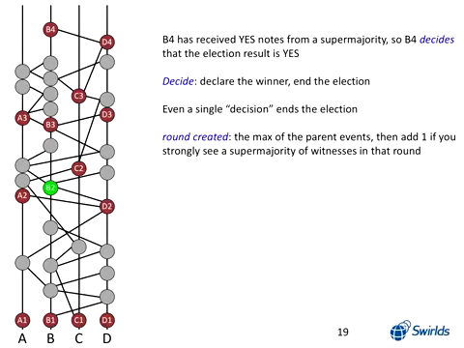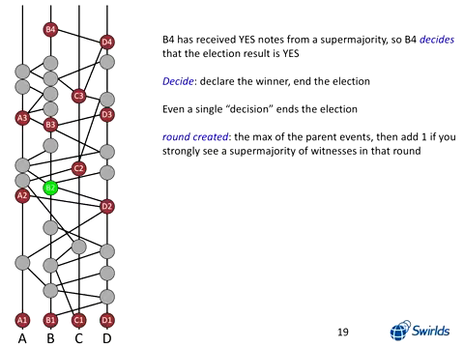We would look at D4, Dave's witness in round 4. And maybe he would have a supermajority of yeses or a supermajority of noes. And failing him, then we would wait for Alice to get around to creating an event in round 4, and we would let her witness vote, and maybe it would get a supermajority. Or maybe Carol would have an event in round 4 with a supermajority.